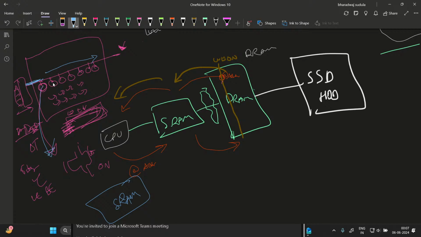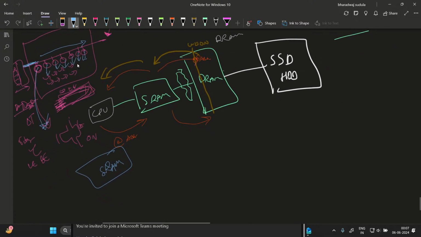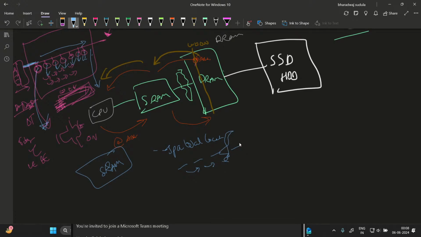This bringing out of the data of an entire row is called burst mode. Instead of a single access, you suck out a burst of data. Because of this, you are exploiting spatial locality, because we know that adjacent addresses would have related data.